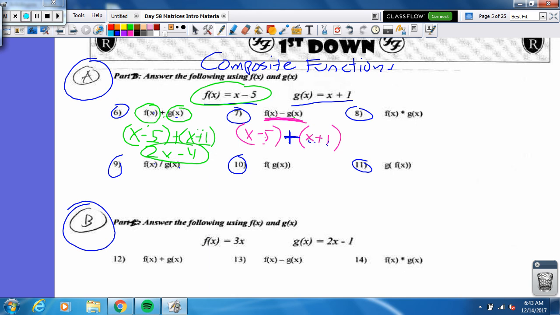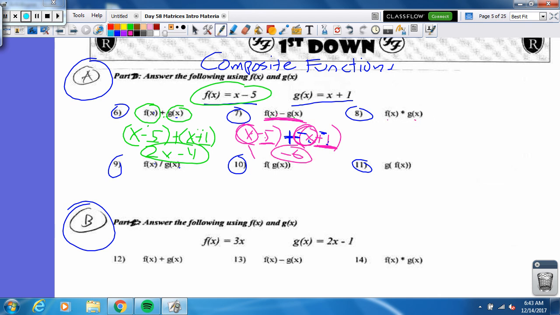So positive x becomes negative x, positive 1 becomes negative 1, and now I combine like terms. x minus x is 0, so the x's are gone, and then I have negative 5 plus negative 1, which is negative 6, and that's done for number 7. Thank you very little.